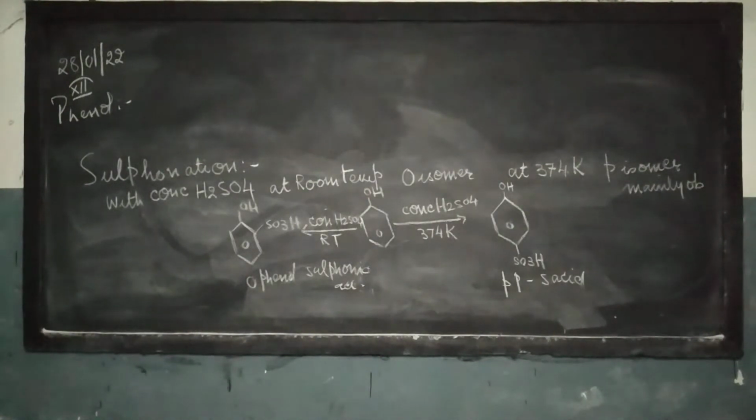The product will be the ortho isomer, that is ortho phenol sulfonic acid. But at 374 K, the product is para phenol sulfonic acid. So the difference is that at room temperature we get the ortho product, but at 374 K the product is mainly para phenol sulfonic acid.